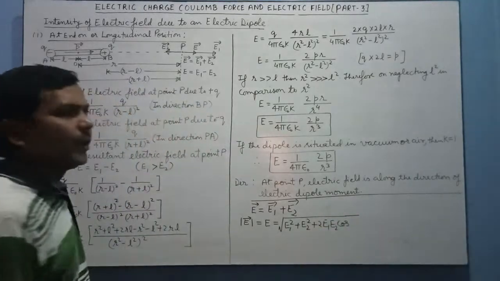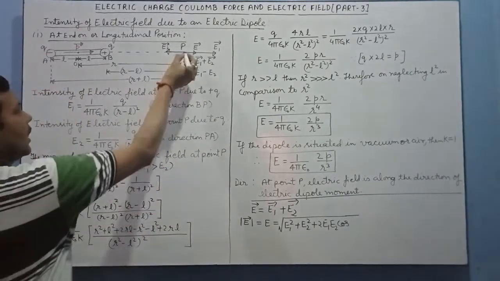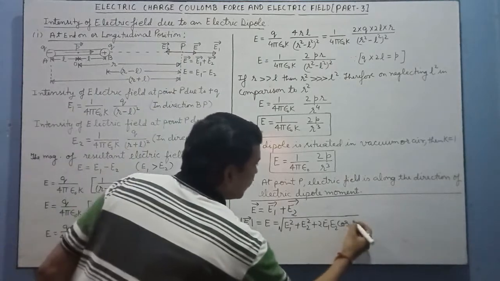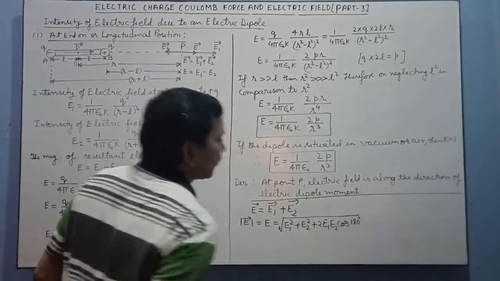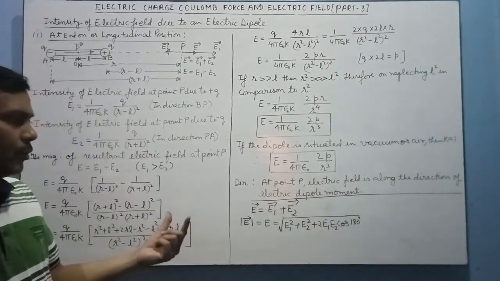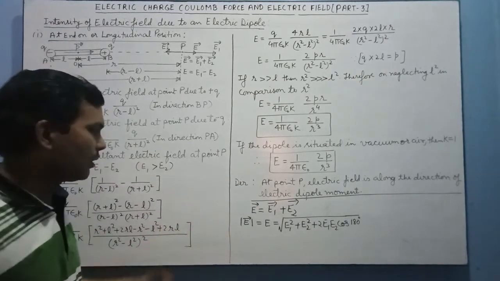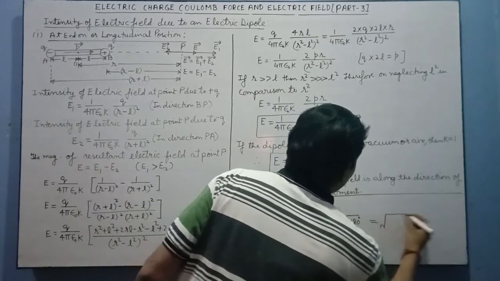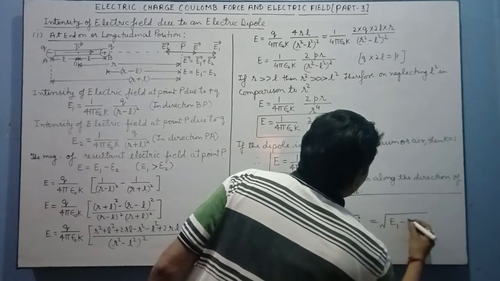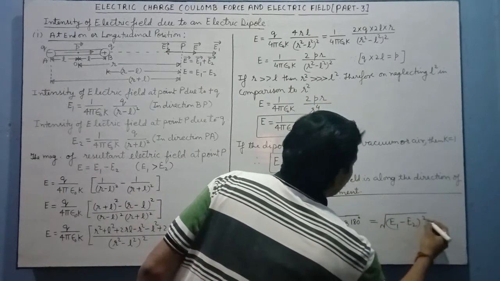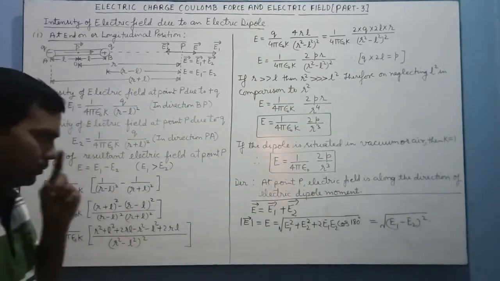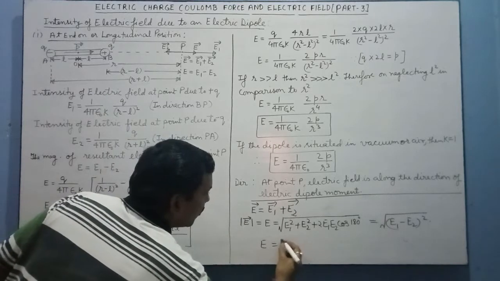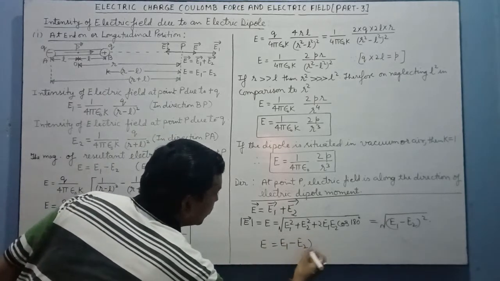Theta is the angle between E1 and E2. From here it is clear that the angle between E1 and E2 is 180 degrees. So we will substitute the value of cos 180 degrees to be -1, and we will obtain it to be under root E1 minus E2 whole square. So capital E is equal to E1 minus E2.